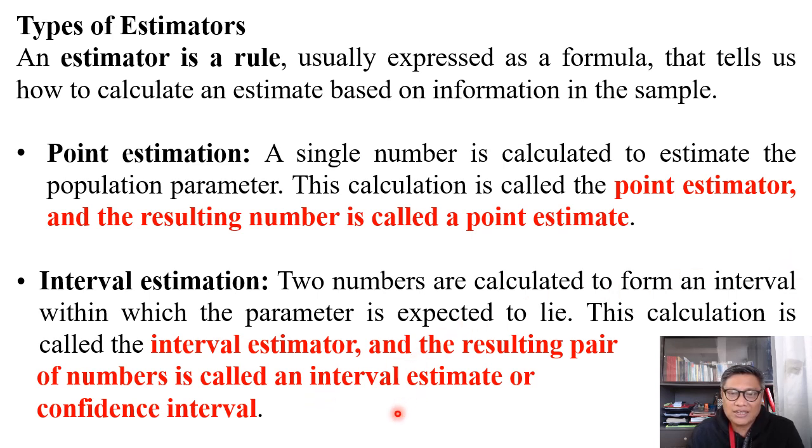So when we say interval estimation or a confidence interval, we are looking for those two values. Okay, these are the range of values where the true population parameter lies. Could it be the mean, or could it be the percentage?